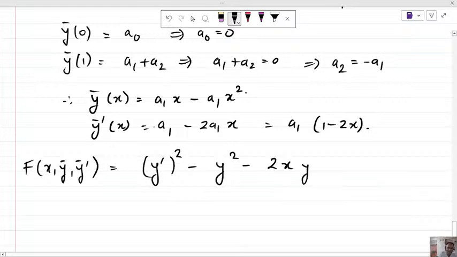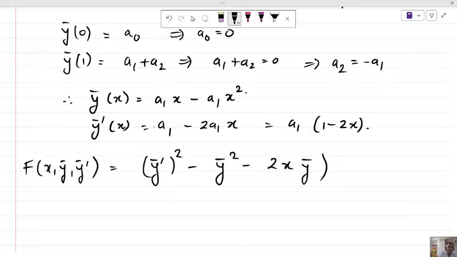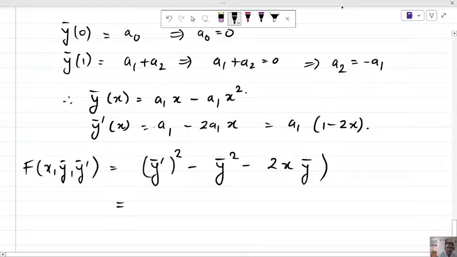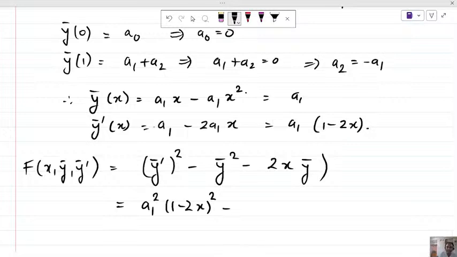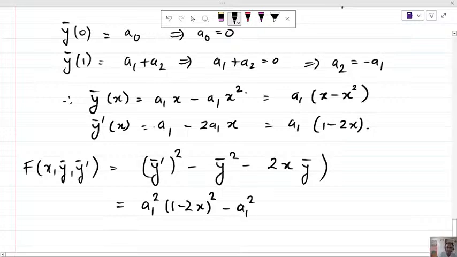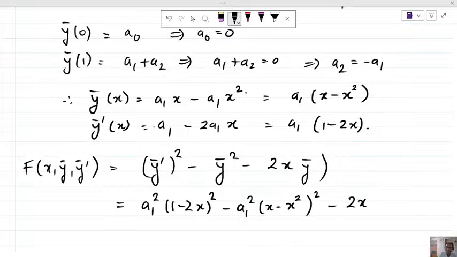Wherever y is there we put y bar. So we substitute the required functions: a1 square (1 minus 2x) the whole square, y bar is basically a1 (x minus x square), so here it is a1 square into (x minus x square) the whole square, and this is 2x into a1 (x minus x square).